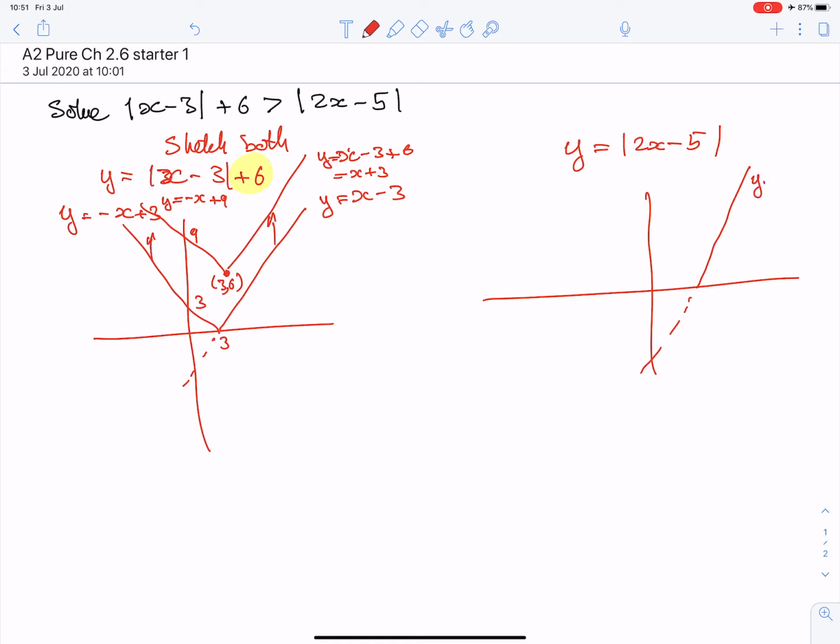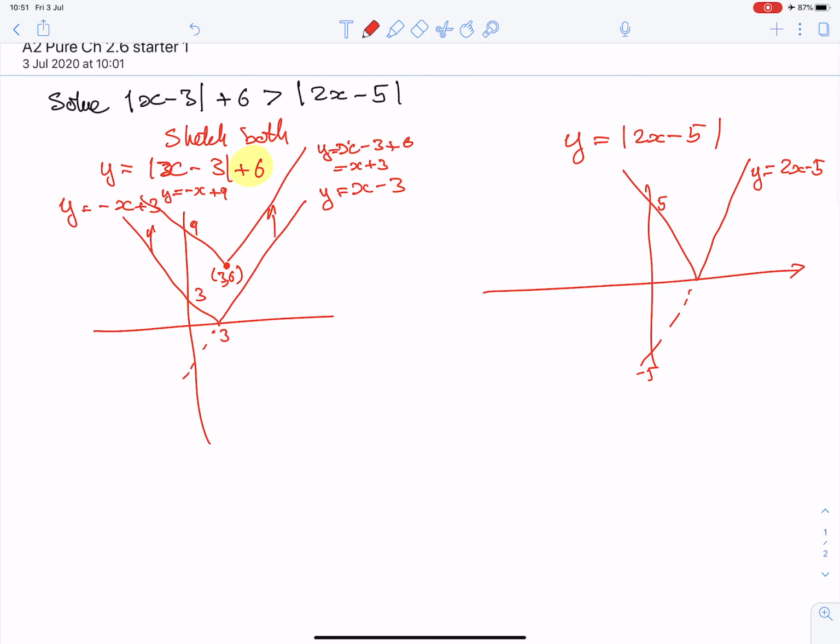So that bit is y equals 2x minus 5, and then we reflect the dashed line, so that will be at 5, because the original one at the y-intercept would have been minus 5, and we've reflected in the x-axis. So this line is y equals, change the sign, minus 2x plus 5. This point here would be 5 over 2.